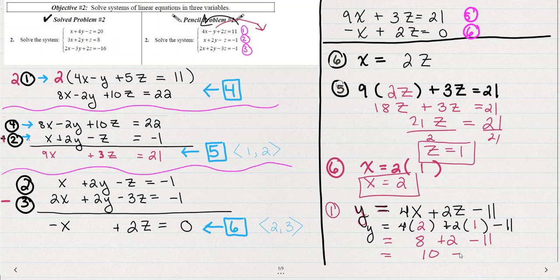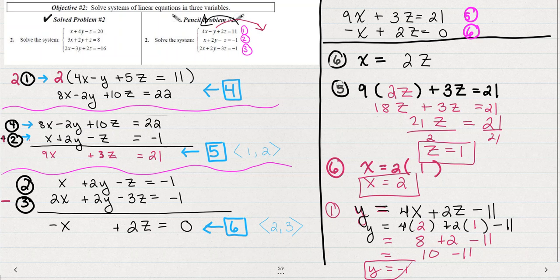That's 10 minus 11, or let me make sure I've got that. So that y is equal to negative 1. It doesn't hurt to stop and check as you go. Look back over your work, make sure you haven't made a small mistake here or there.